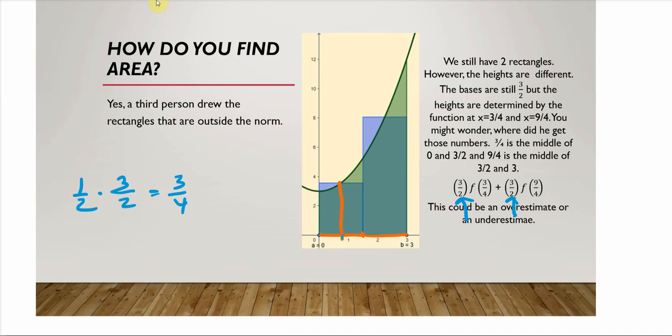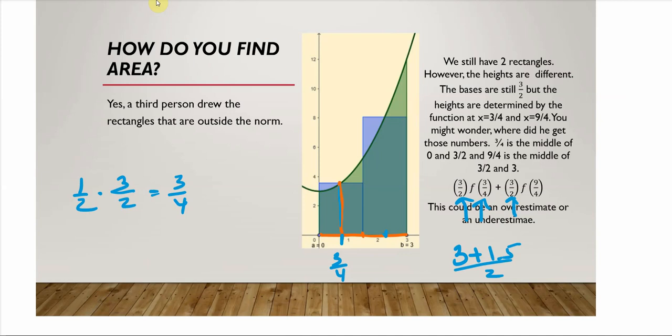So I want the height. This guy right here, he's 3/4. So I want the height here. So that's called f of 3/4. The next height is going to be in this scenario. So how do you find that middle guy? Well, you can go 3 plus 1.5 divided by 2. So you add them up and divide, because you're trying to find the average of those two.